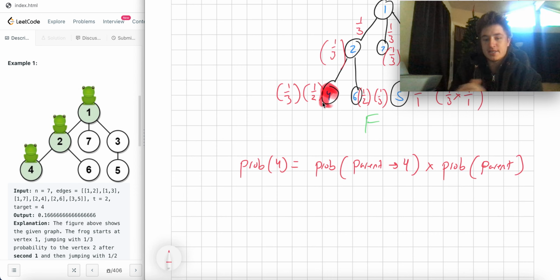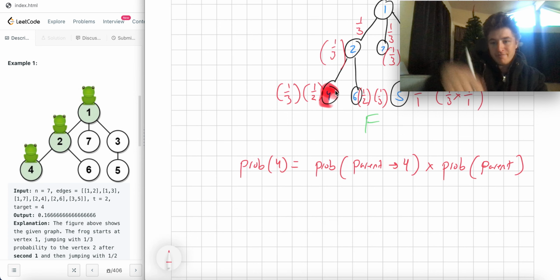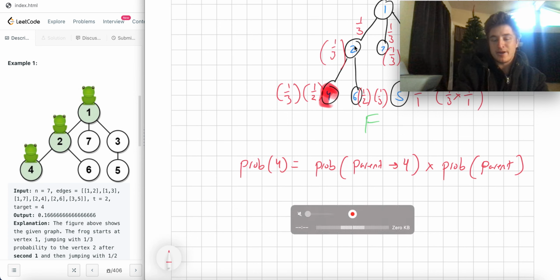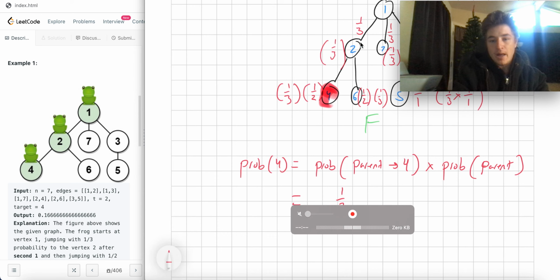That's always true, right? Because what's the probability that I get from the parent to 4? Well, the probability that I go from the parent to 4 is just the number of options, 1 divided by the number of options that this parent had, right? This parent had 2 options. So that means that the probability that the parent would choose me is 1 out of 2, right? And the probability that I get to the parent is 1/3.